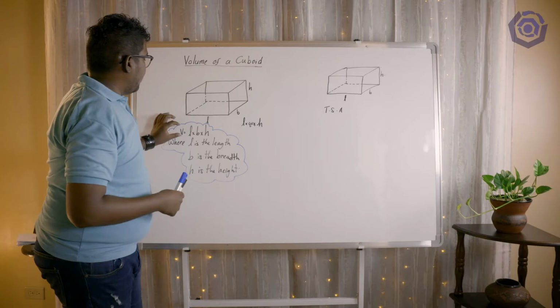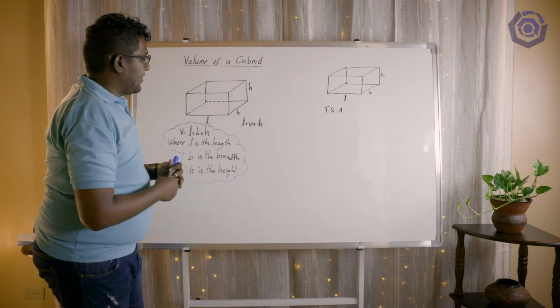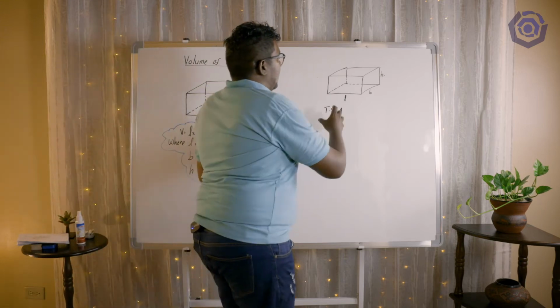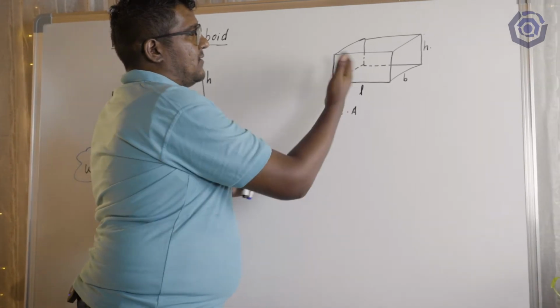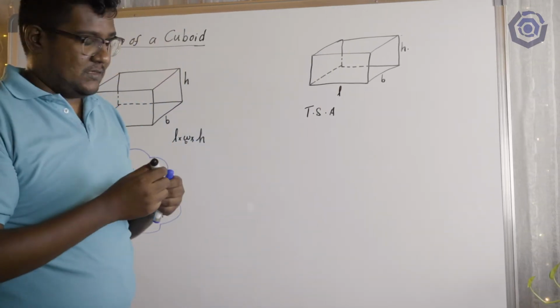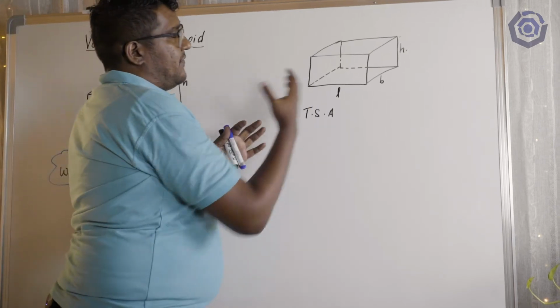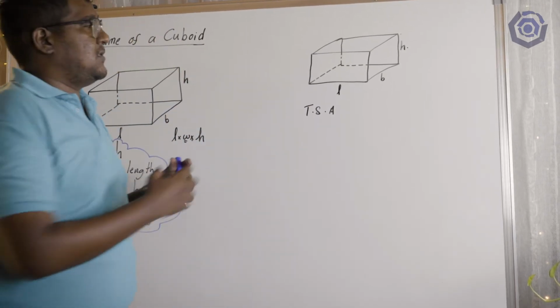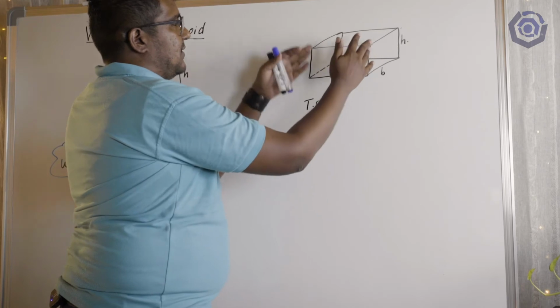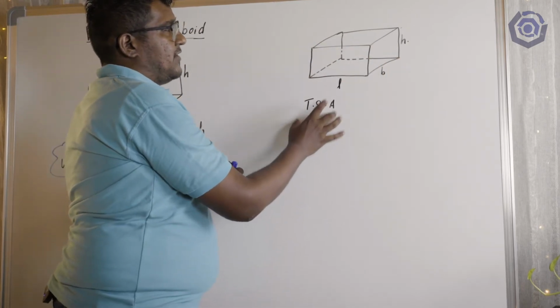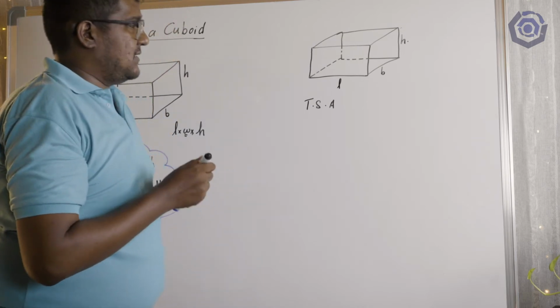Now we have to find the total surface area of this shape. So let's go across here. We have the cuboid, where all faces are rectangles, and we have 6 faces. Now the faces usually come in pairs. For example, you have the front and the back, the 2 sides, and the top and the bottom. To find the total surface area, we have to find the area of those faces.